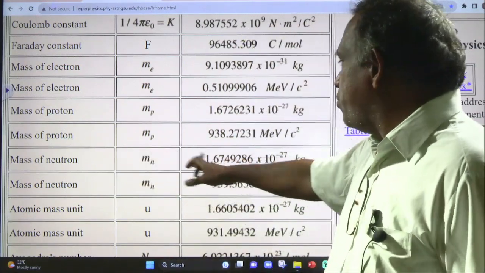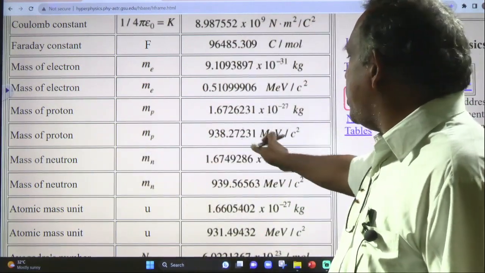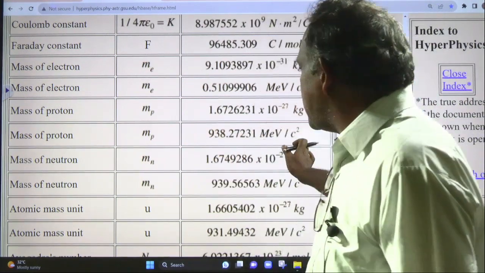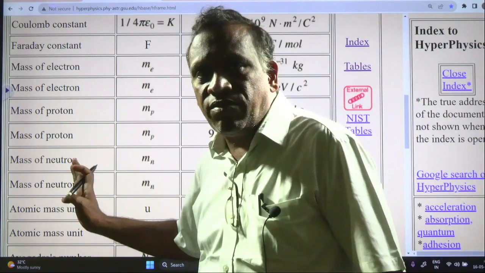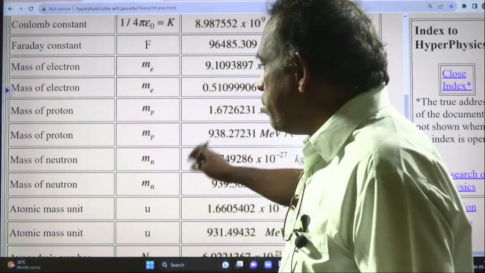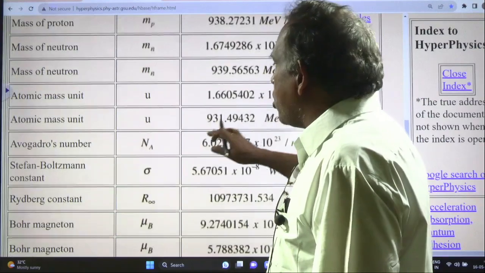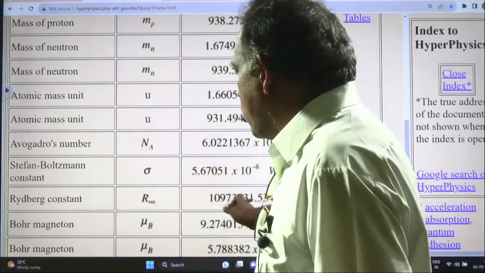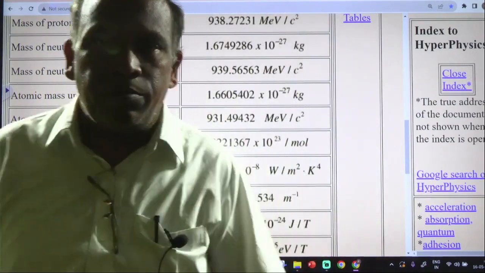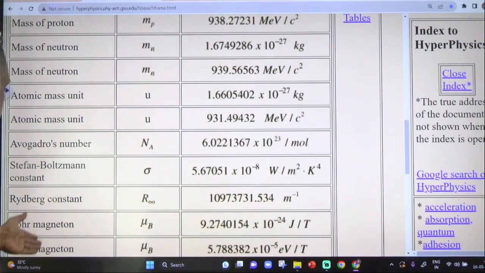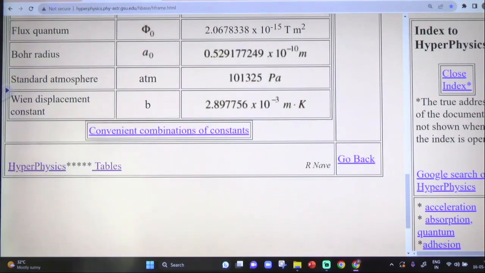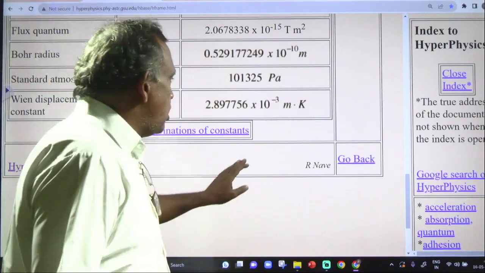Mass of neutron and proton in terms of mega electron volt per c square, where c is the velocity of light in vacuum, is 938.27. Atomic mass units, Stefan-Boltzmann constant, Rydberg constant, that is the Rydberg constant value. Just observe here, there are many constants, like Bohr's radius. Like this, you should have an idea of the constants and all these things.